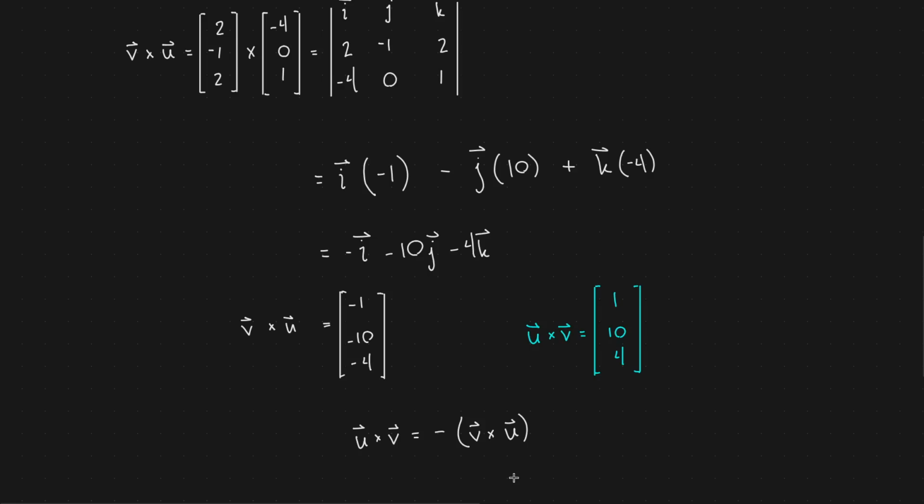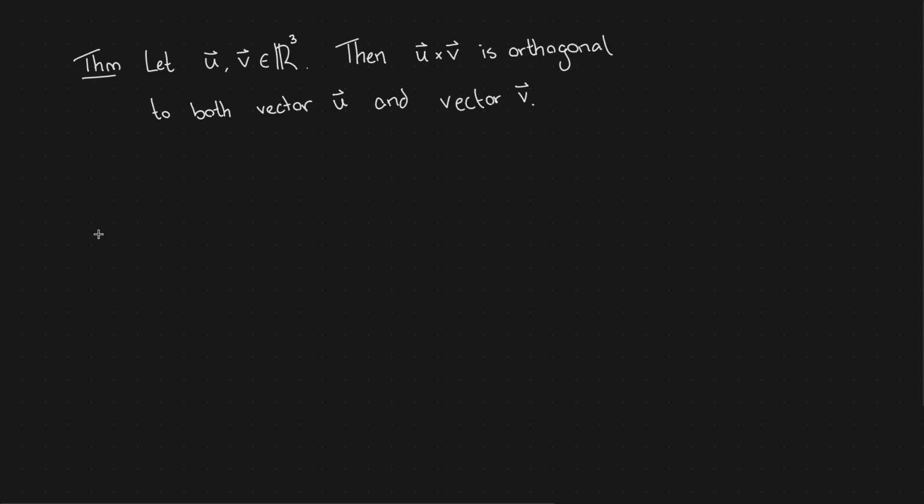Again, this isn't just some quirk of this particular problem. It's a general property of the cross product. Let's add to our list of theorems here for the cross product. Let U and V be three-dimensional vectors.